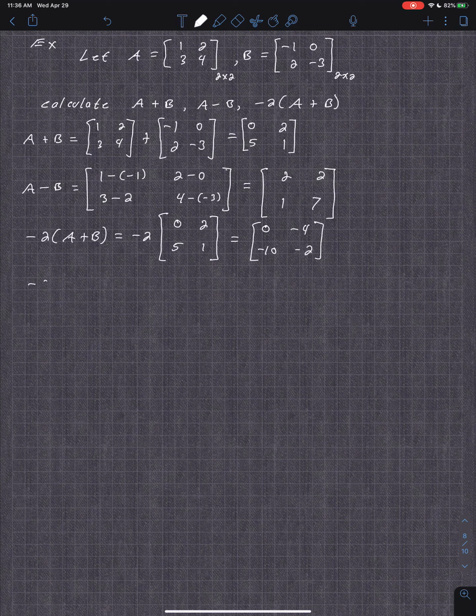Or you can distribute: -2 times (A plus B) is going to be -2A minus 2B. And you can multiply each one of those. So it'd be -2 times A, which is 1, 2, 3, 4, and then plus -2 times your B, which is -1, 0, 2, -3.